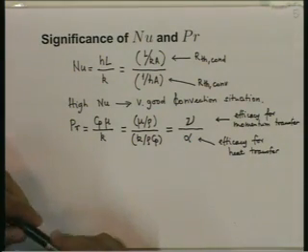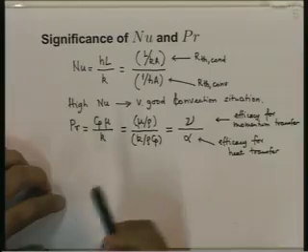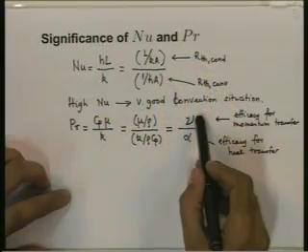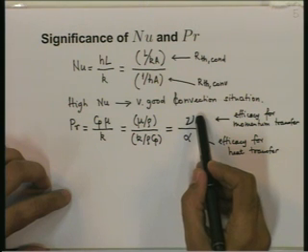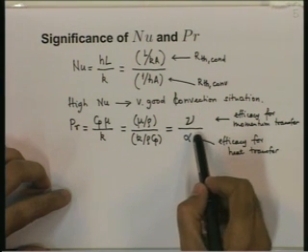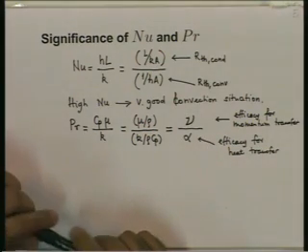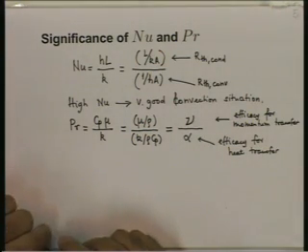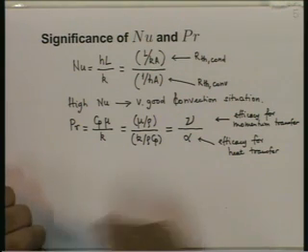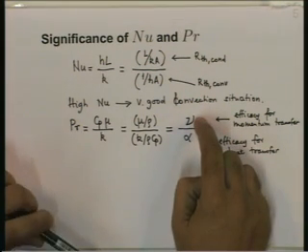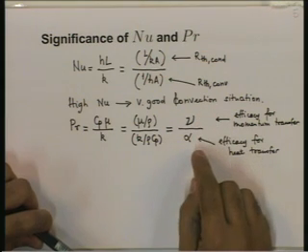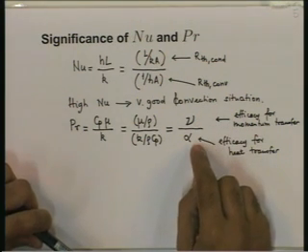So the Prandtl number in essence represents the ease at which a fluid is able to transfer momentum or shear forces, relative to the ease by which the fluid can transfer heat. Naturally, we expect a fluid which has a high viscosity to have a high Prandtl number. A fluid which has a high conductivity will have a low Prandtl number.